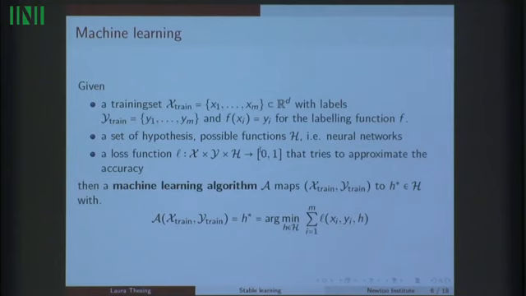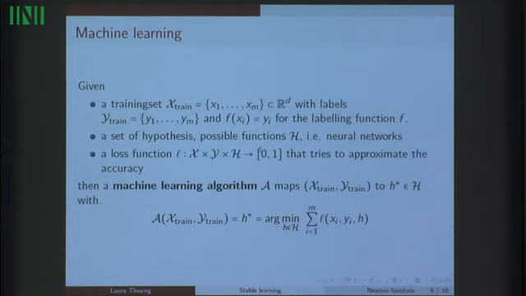So what we have is a certain training set, which I denote with x_train with m elements, and the according labels, which I denote with y, and they're labeled with a certain function f, which I call either the labeling function or the concept. Then we have a certain set of hypotheses or possible functions, which we denote H, which in most applications nowadays are neural networks.